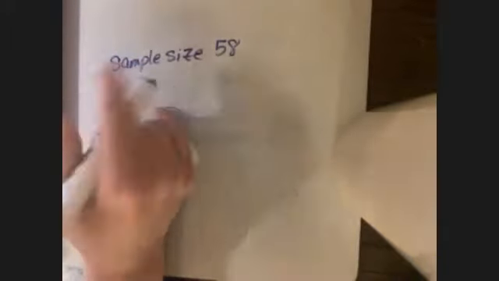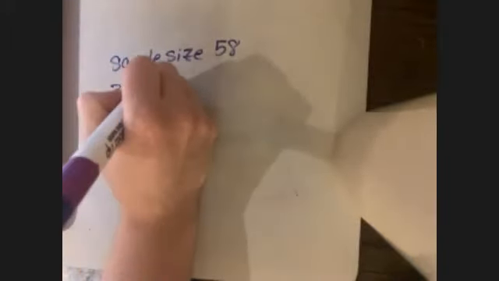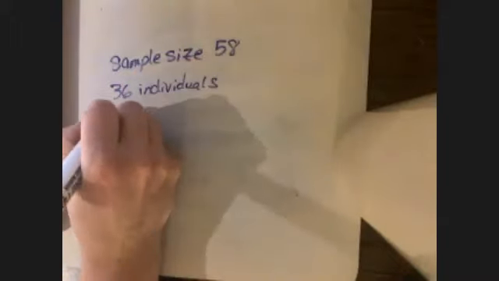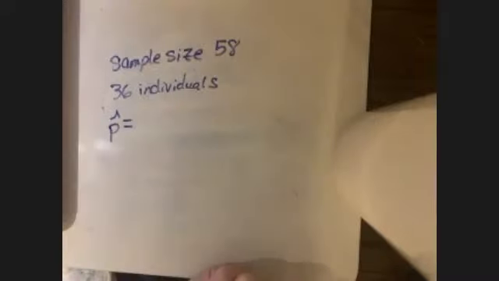As we're going through, okay? So it says we've got a sample size of 58. There were 36 individuals that had whatever it was that we were looking at. They want us to estimate P hat, okay?